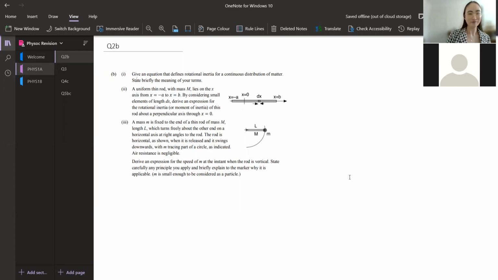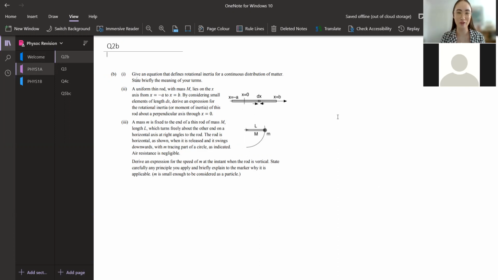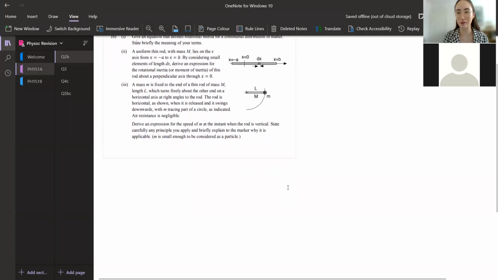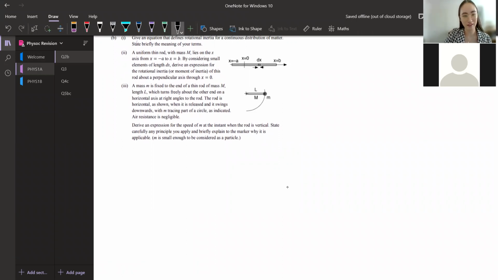The first part just says, give an equation that defines the rotational inertia of a continuous distribution of matter. State briefly the meaning of your terms. Now, this probably won't come up in your exam because that's a little bit difficult to ask in an online paper, but it's going to help us answer the next few questions if we just get started.